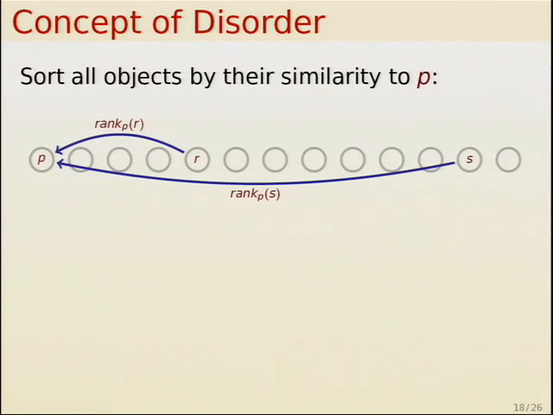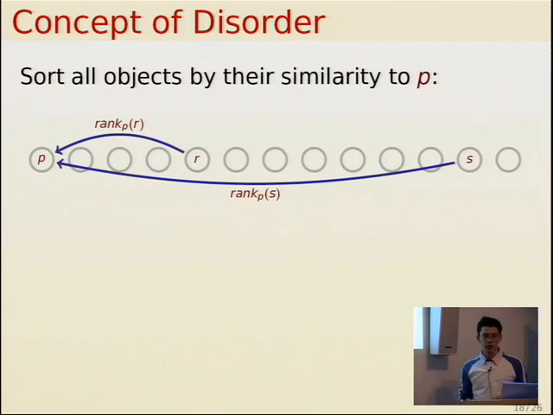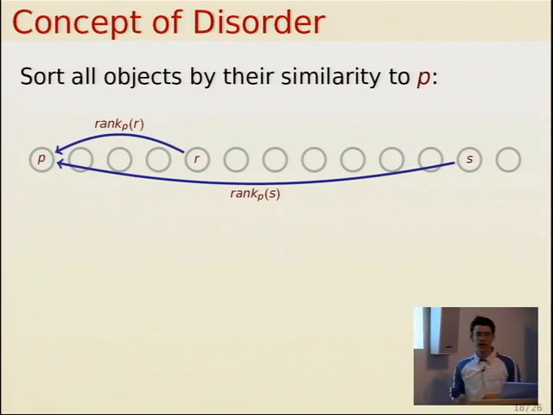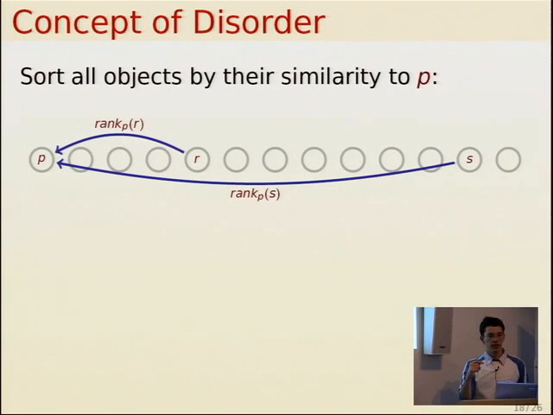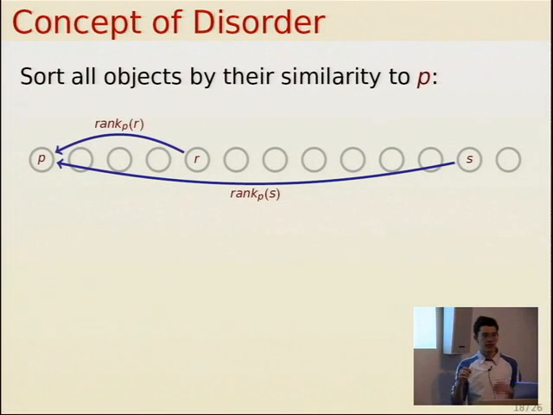So I take all objects. I take object P and sort all other objects by their similarity to P. So if we have people in this room and this number-of-joint-friends similarity, I take myself, put myself on the left, and then sort all of you by number of joint friends with me. So person number 1 is the person who has the largest number of joint friends, and so on.